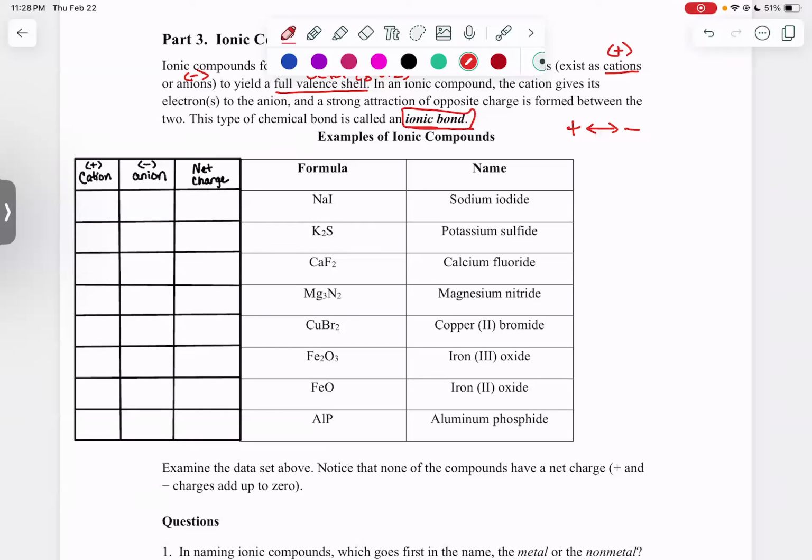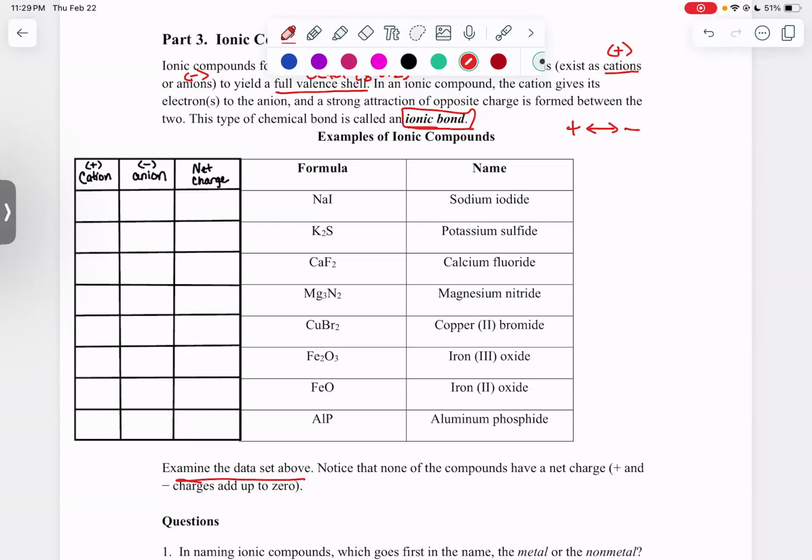On your paper, we're going to add some stuff to it. We're supposed to be examining our data set here, and we're supposed to notice that none of the compounds have a net charge, that the positive charges and the negative charges all add up to 0. But you've got to kind of work that out for yourself.